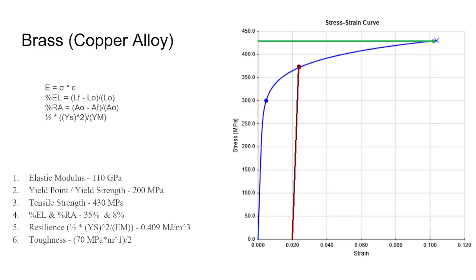In the bottom left, it shows the elastic modulus, which I got was 110 gigapascals, the yield strength, which was 200 megapascals, the tensile strength was 430 megapascals, the percent elongation and percent reduction of area was 35% and 8%. The resilience that I got was 0.409 megajoules per meter cubed, and the toughness that I found was 70 megapascals times meter divided by 2.